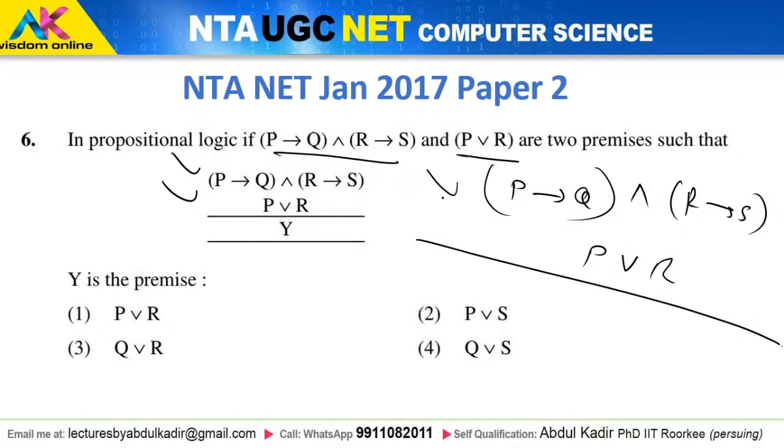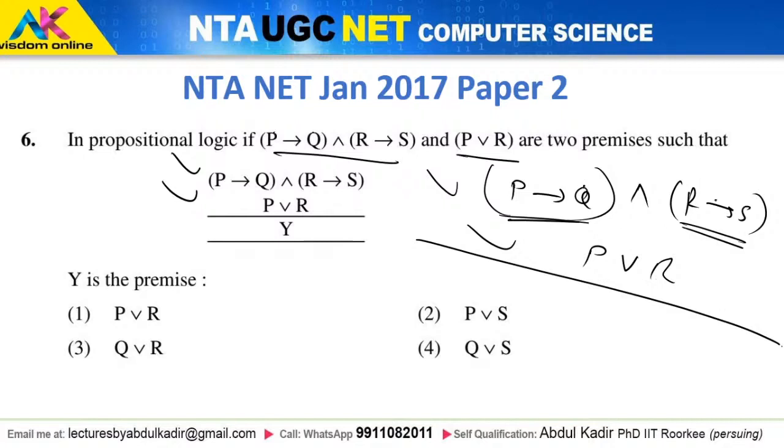See, the first hypothesis is saying that if P will happen, then Q will happen, and if R will happen, then S will happen. In the second hypothesis, he is saying that either P is happening or R is happening. What does it mean? If P is happening, then Q will definitely happen.